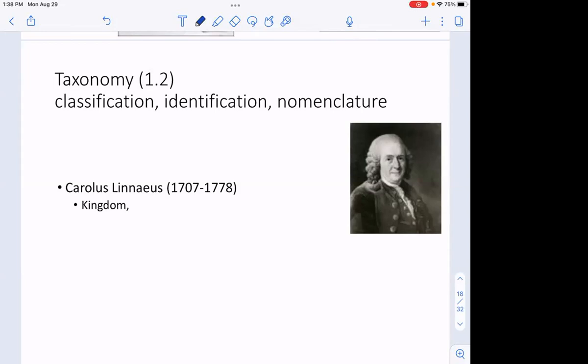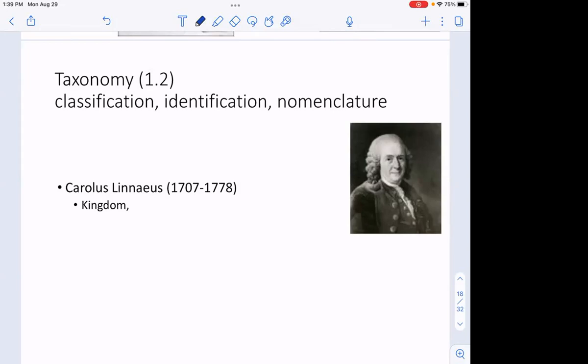Okay, and what do we mean by taxonomy? Taxonomy is considered a science of classification. What's the other thing? Identification. As well as nomenclature.